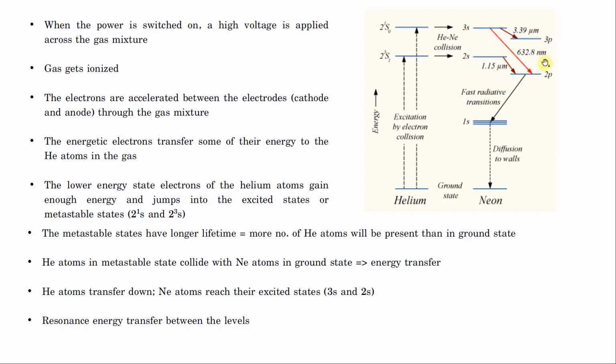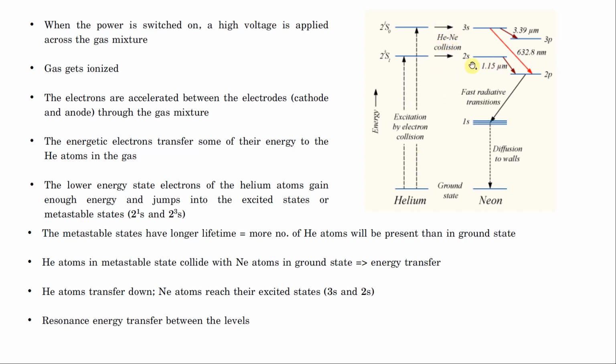And from 3s to 2p also the transition can happen and produce light of 632.8 nanometer, which again will be of red color. So actually the 3s and 2s levels were metastable states, and even 3p and 2p are the metastable states of neon.